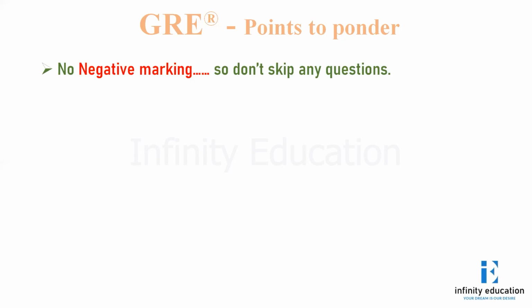So that highlights one important point, that we try not to skip any questions, even if I'm running out of time or there is a question which I find difficult or I'm unable to solve, whatever be the reason. Most of the time the questions are multiple choice and we have our options given. Even if I'm not sure, I can at least put my mark on any one of them.